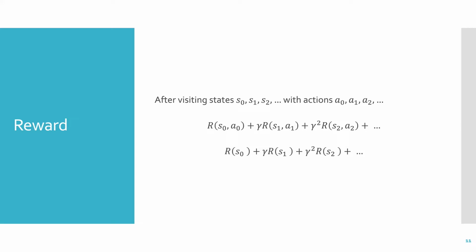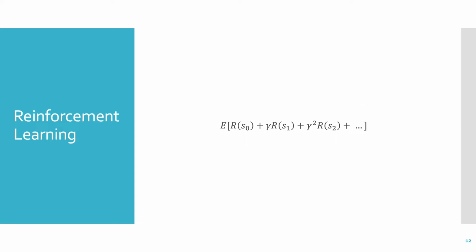We're going to be mostly working with the simpler state rewards, but generalizing to R of S, A is not challenging. Our goal in reinforcement learning is to choose actions over time to maximize the expected value of the total payoff. This E here is the expected value, and inside these brackets is the total payoff or reward.